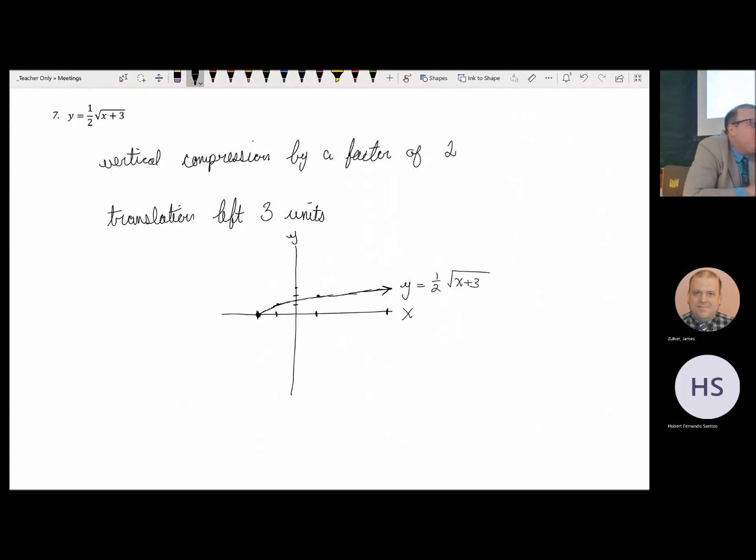Good enough for government work. And don't even try to figure out where it's crossing the y-axis because it's not an integer or a rational. It's root 3/2.